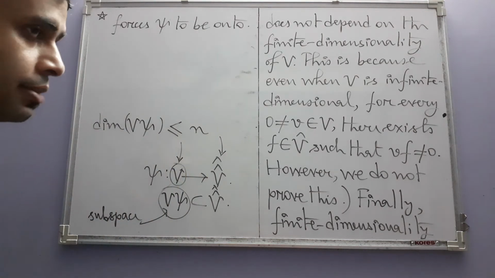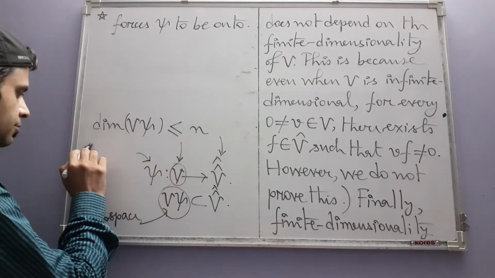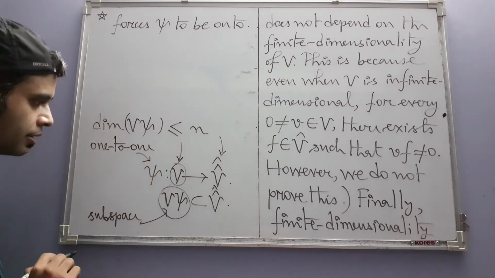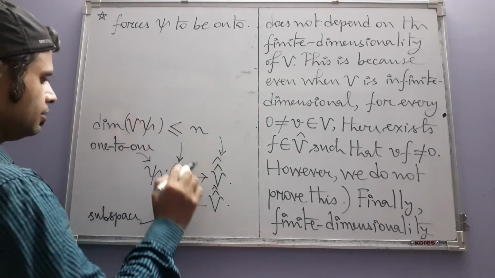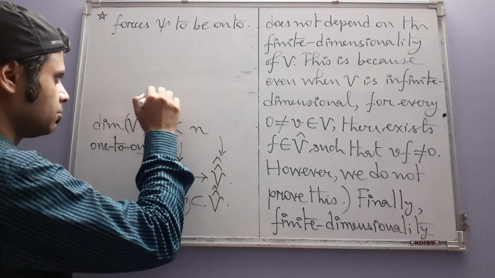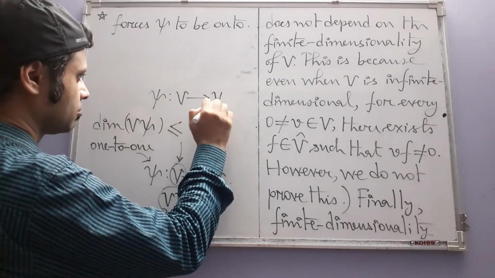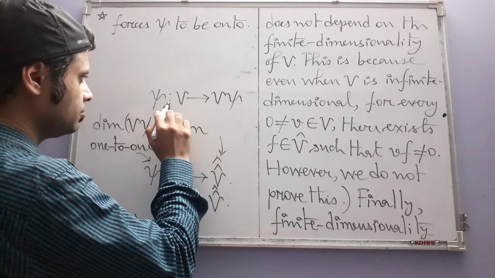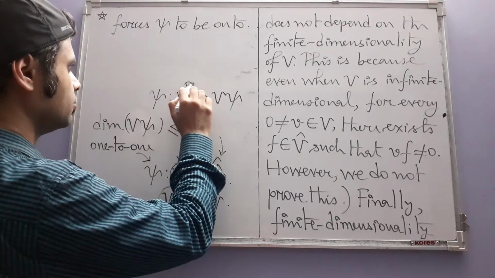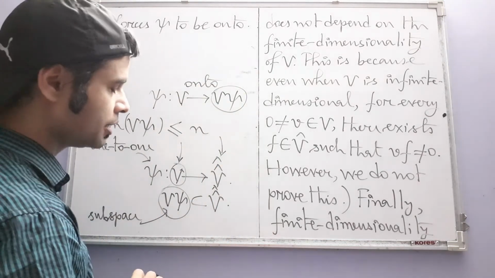Okay, but something else is also true. We already know, we have shown that this is one-to-one. That means it's injective. So if you replace this second space with the image itself, then your psi, this modified psi, is of course onto, simply because you are just considering the image set.